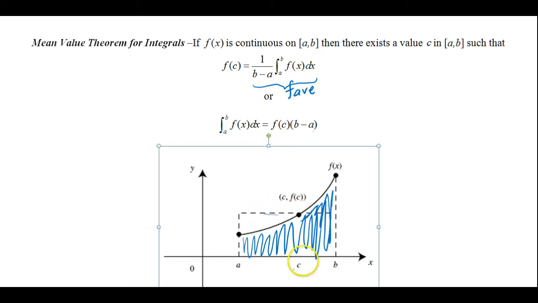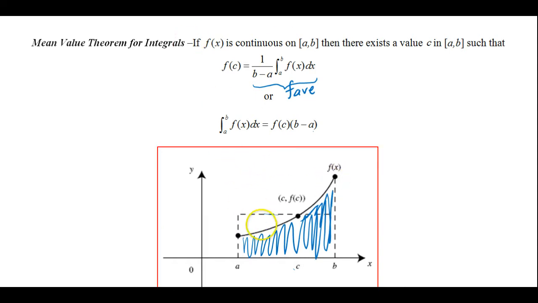So there's going to be some c value between a and b that defines a height of a rectangle that's exactly the same area as the area under the curve from a to b of f of x. To show what that means on this graph, this rectangle's area, so we'll shade that in a different color, this red shaded region is the same amount of area as the blue shaded region.